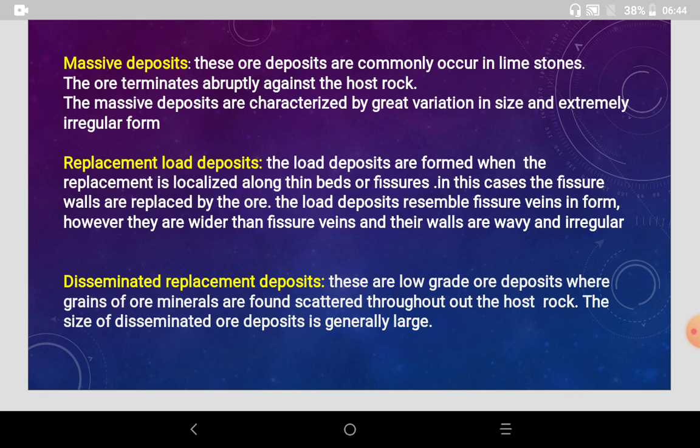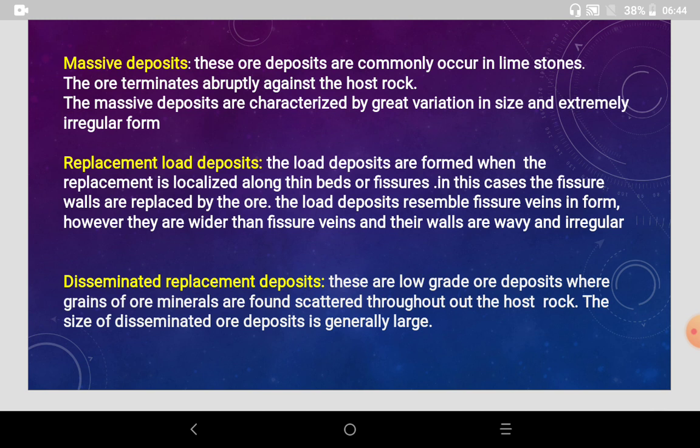They occur replacing walls of fissures or thin beds. The outlines of the ore body may be wavy, irregular, and gradational with the country rock.